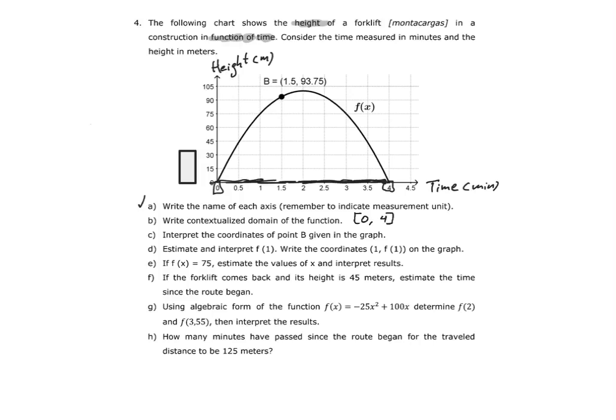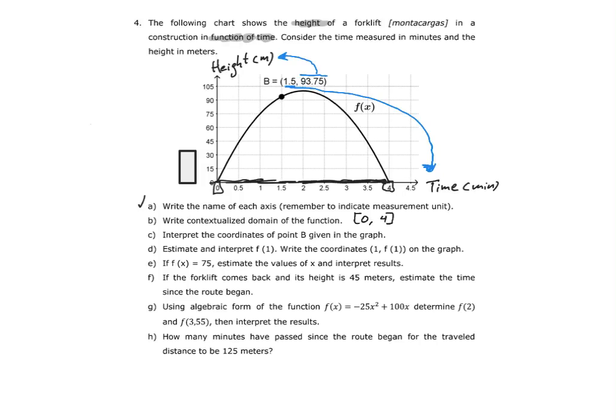Interpret the coordinates of point B given in the graph. Point B is (1.5, 93.75). Remember, when you have a point, it has 2 coordinates. The first coordinate always has to do with the horizontal axis, while the second coordinate always has to do with the vertical axis.